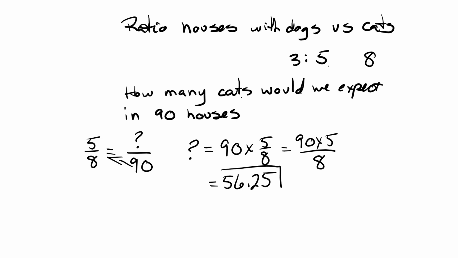Now remember, we don't typically put a decimal like that into a ratio. So in this case, we would either round up or round down. It's a little bit closer to 56 because it's only a quarter. So we would round down, and so we would say that we would find 56 houses with cats.